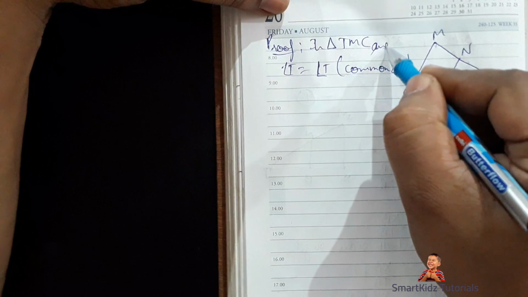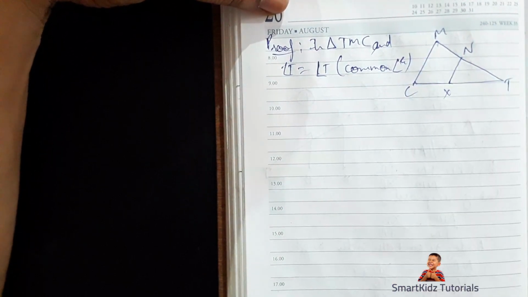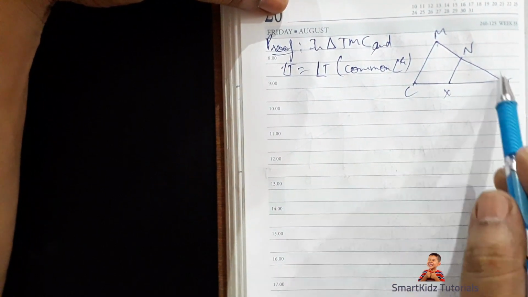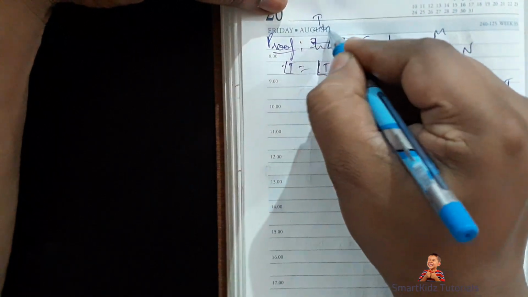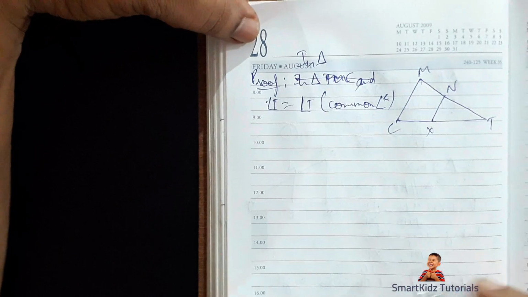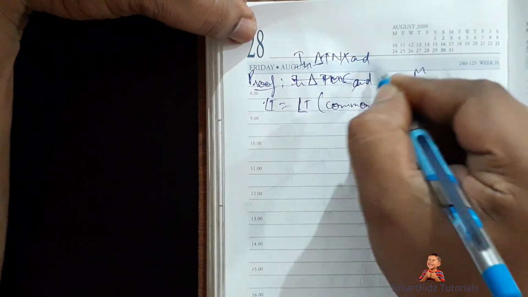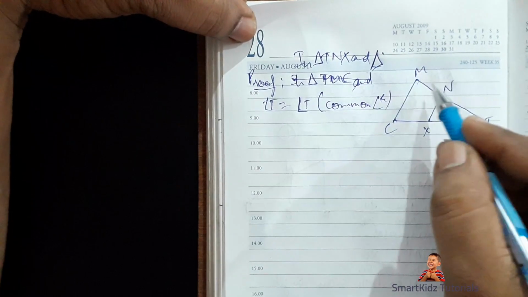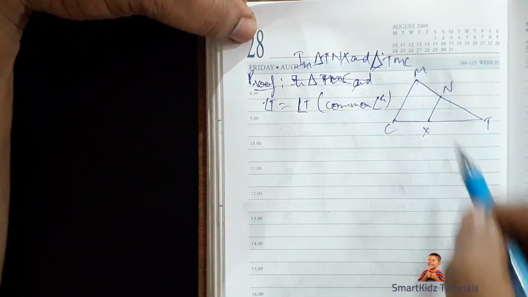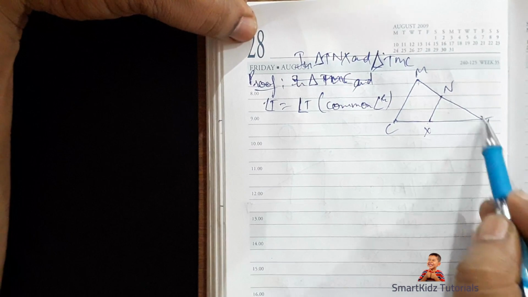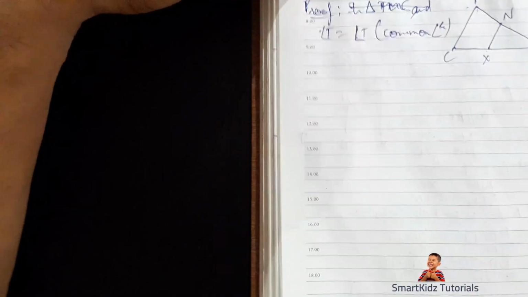You have to prove them similar. So take triangle TNX and triangle TMC. Okay, TNX and TMC.